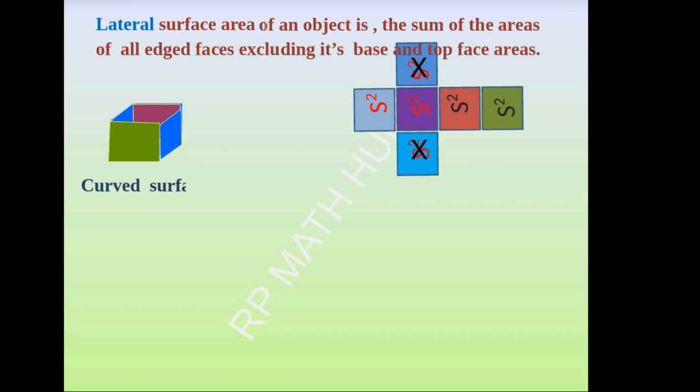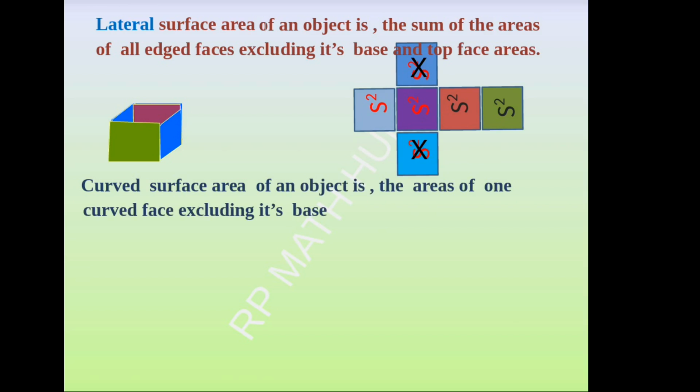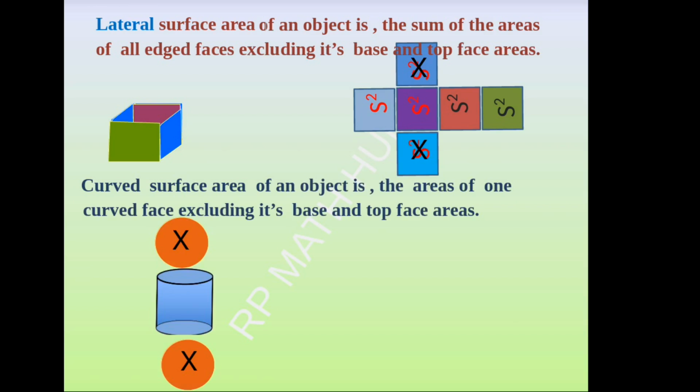Curved surface area of an object is the area of the curved face excluding its base and top face areas. In a cylinder, the middle part is called the curved surface area, and in a sphere the curved surface area and the total surface area are the same.